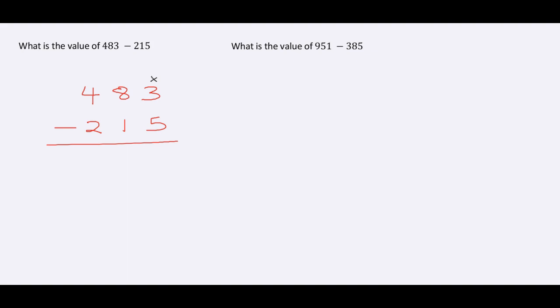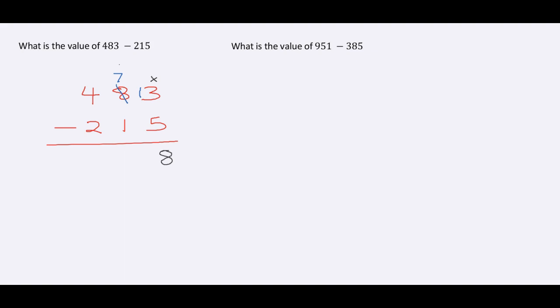This 5 is larger than 3. So what we're going to do is we're going to go to the column on the left and see if we can borrow 1. So we borrow 1 from here. 8 minus 1 is 7, and the one we get, we're going to place it right in front of 3 to make 13. So 13 minus 5 is going to give us 8.